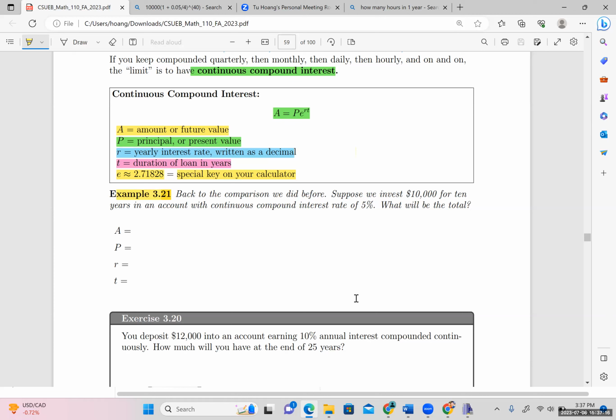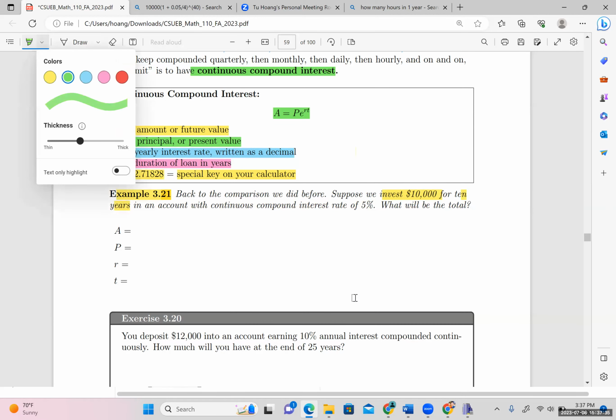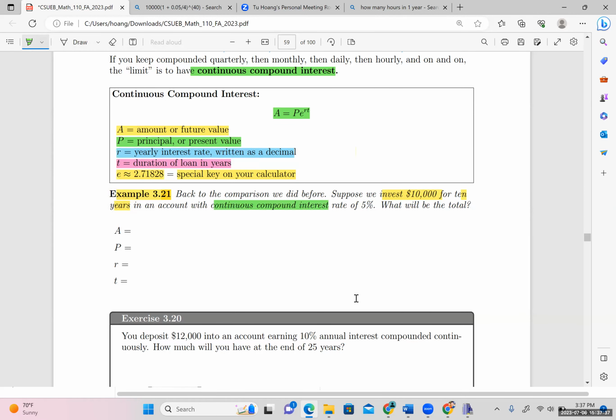Back to the comparison we did before, we keep using the same amount of 10,000 for 10 years, but with a continuous compound interest rate of 5%. So what will be the total?